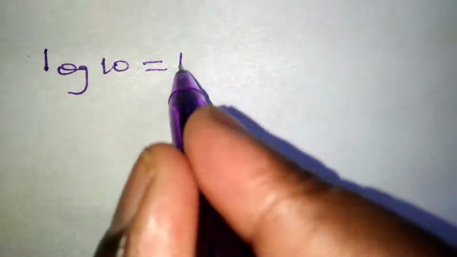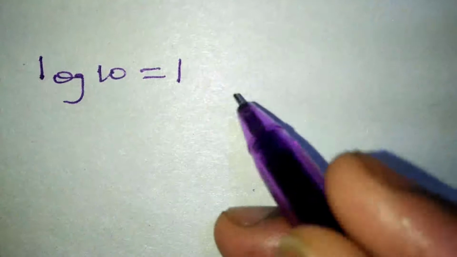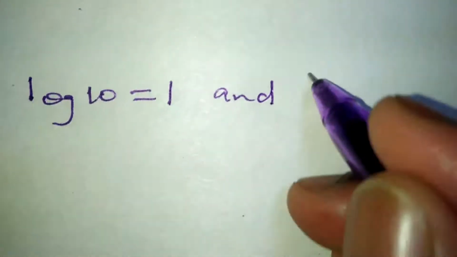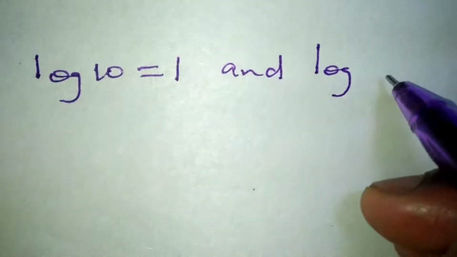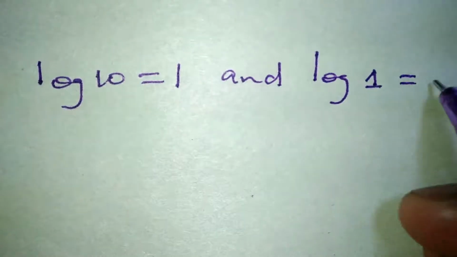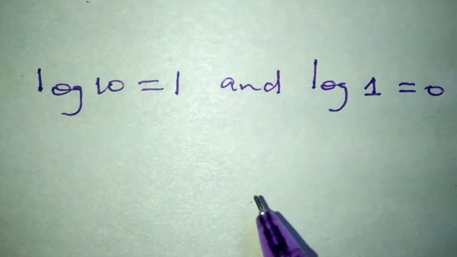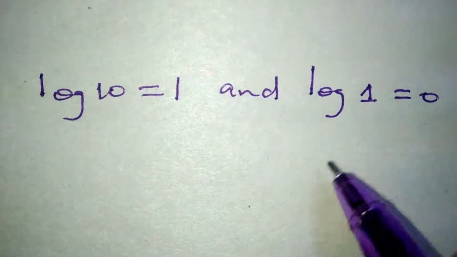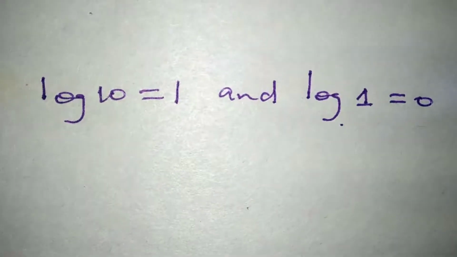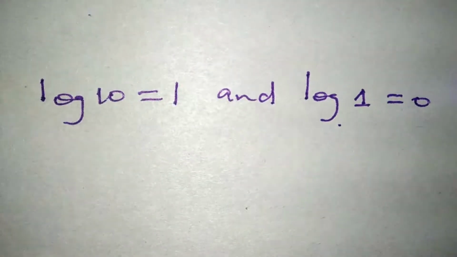Now, we have said the log of 10 is equal to 1. And the log of 1 is equal to 0. Now, remember, we are talking about common logarithms here. Now, what does this tell us?